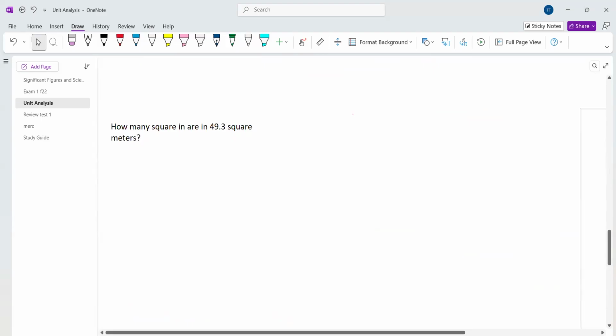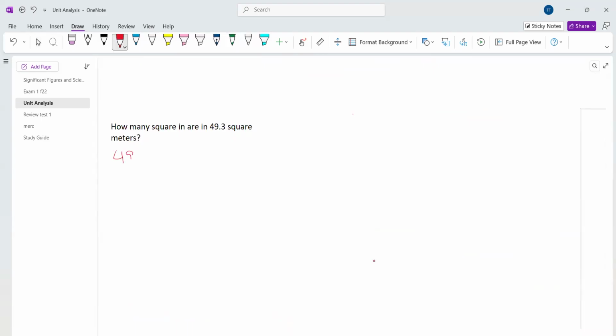Okay, so we're starting with 49.3 square meters. And we want to go to square inches.